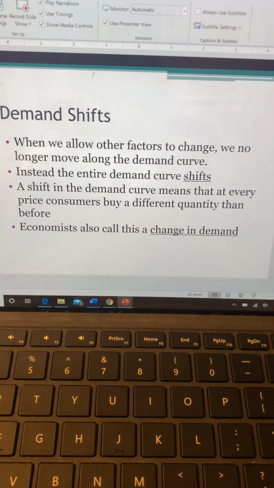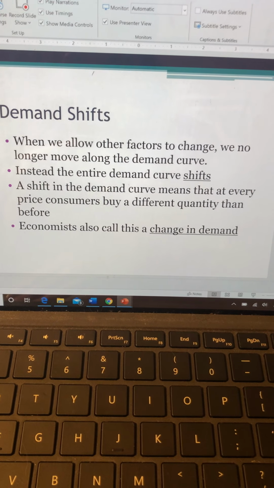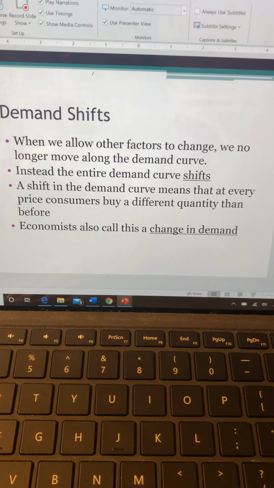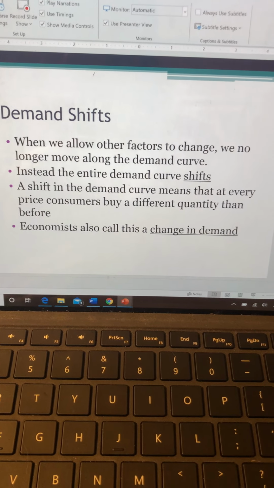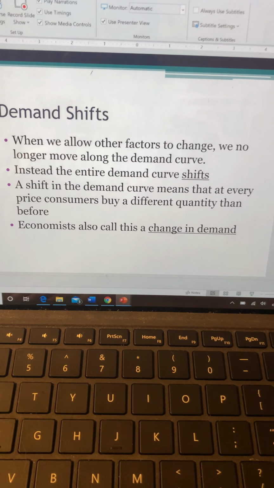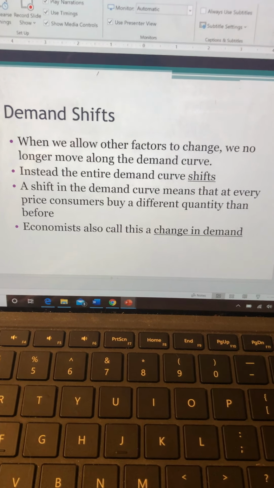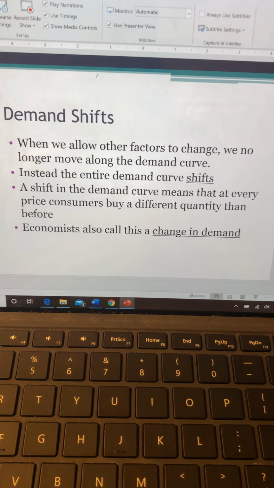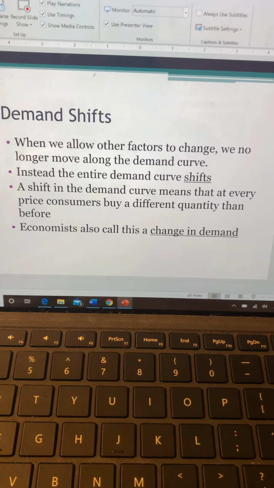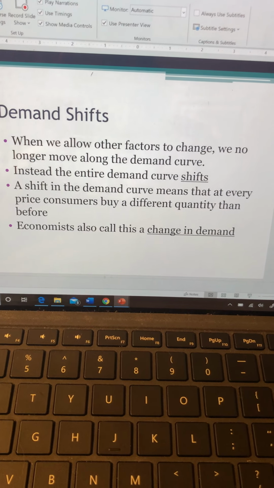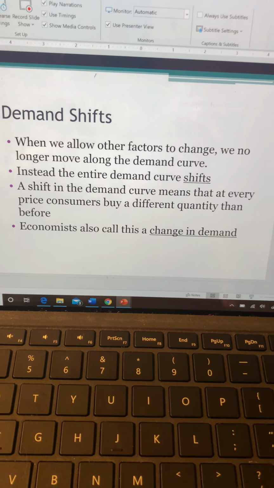A shift in the demand curve means that at every price, consumers buy a different quantity than before. Economists also call this a change in demand. We'll go through some examples next, but just remember that it's not always just about price and quantity. There are also other things that can make it shift.